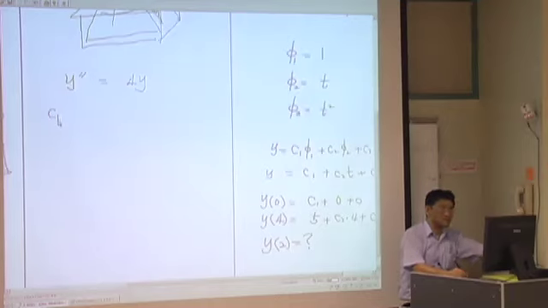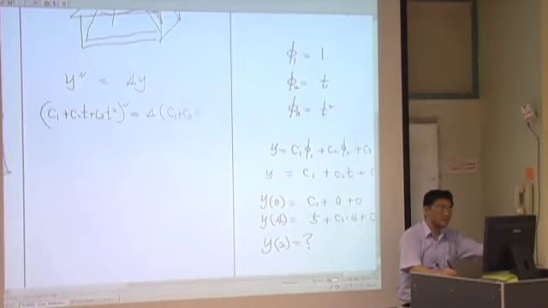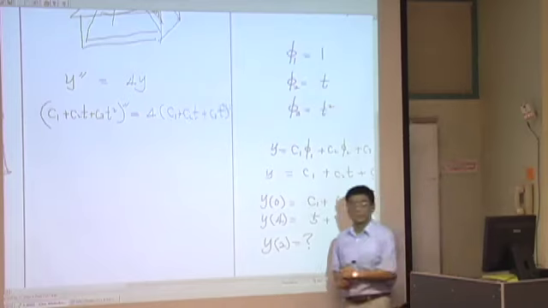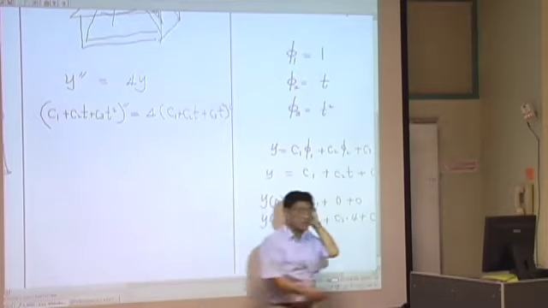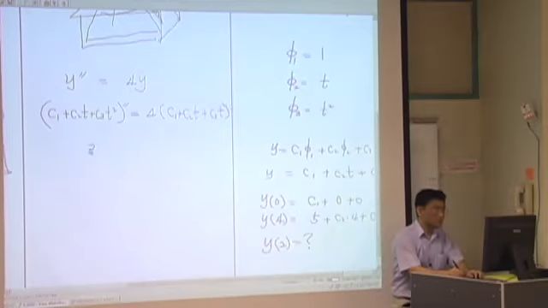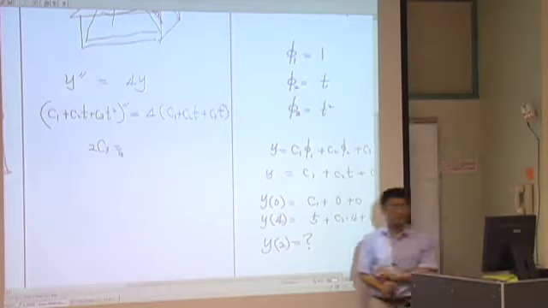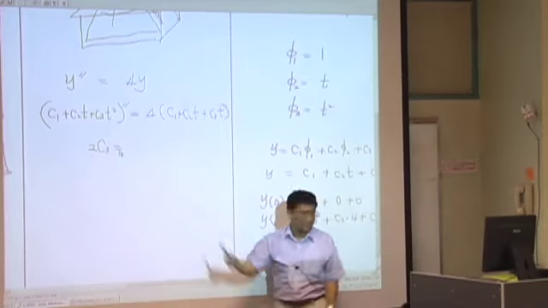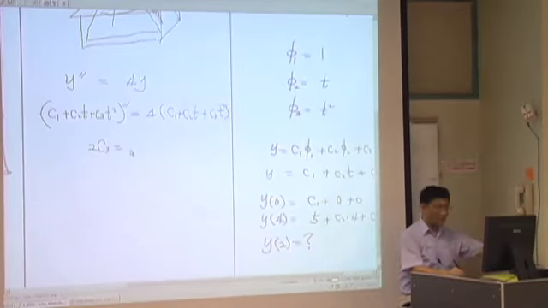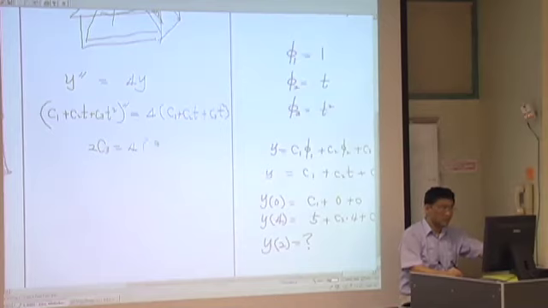C1 plus C2 t plus C3 t squared differentiated twice, equals 4 times C1, C2, C3 t. Do you follow me or not? Then what is this second derivative? This second derivative is 2C3, right? And then this one is 4 times C1, which is 5, right?